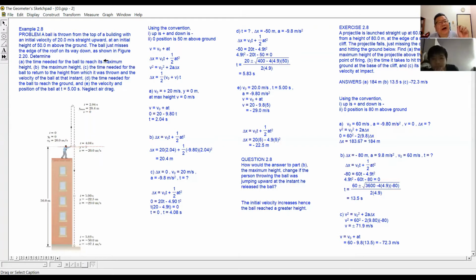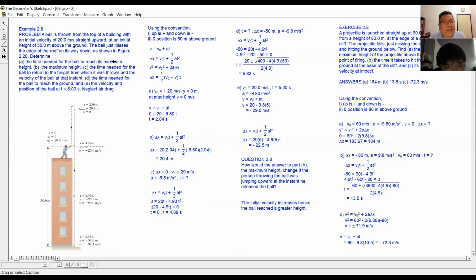So we try to convert sentences or phrases like this into symbols. Try to imagine what is happening during this process.